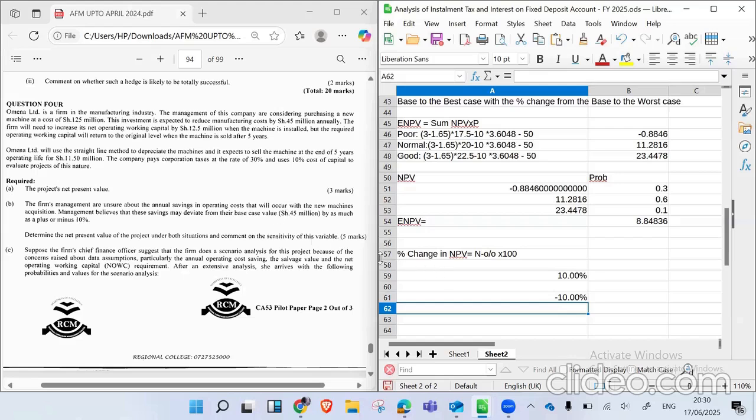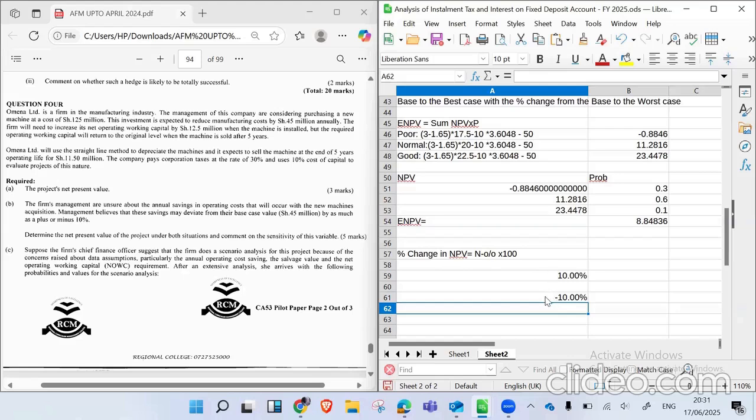Now, I repeat, the old NPV is the NPV of part A. The new NPV will be two: there is the first NPV when you increase by 10% and the second new NPV when you reduce by 10%. So if you have increased by 10%, what is the change in NPV? New NPV of plus 10% minus the old NPV of part A divided by the old. What if you reduce by 10%?